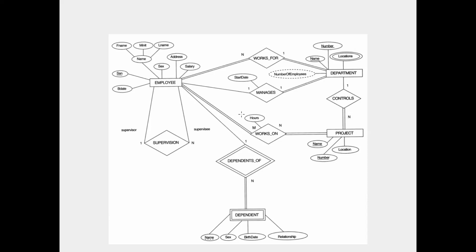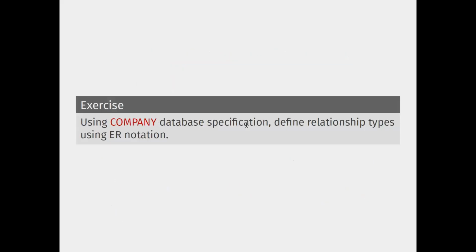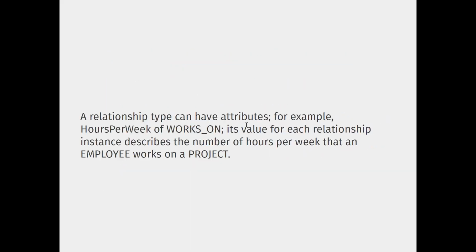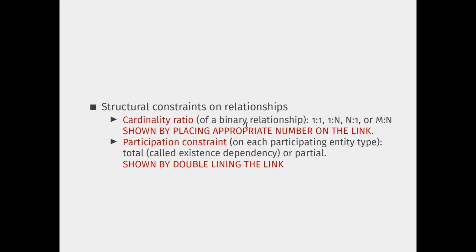Right. Now that we have understood this, let's go to the next part. When you are representing these relations, remember to show one-to-one, one-to-many, or many-to-many by placing a number on the link.